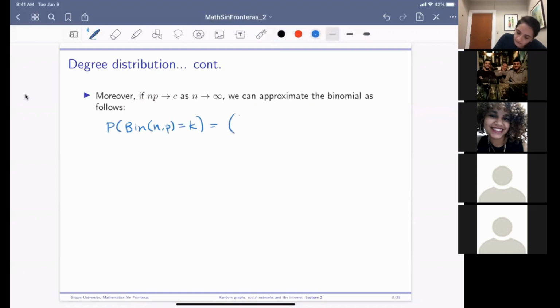And we said that this is n choose k, p to the k, 1 minus p to the n minus k. I'm going to write this down as follows. The n choose k is n factorial divided by n minus k factorial times k factorial. So I'm going to put the n minus k part here: n minus 1, and I'm multiplying here n minus k plus 1, like that.